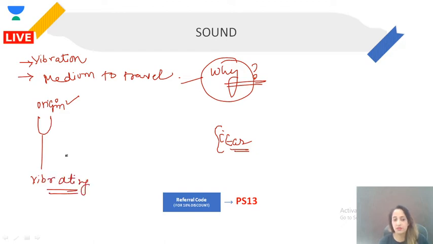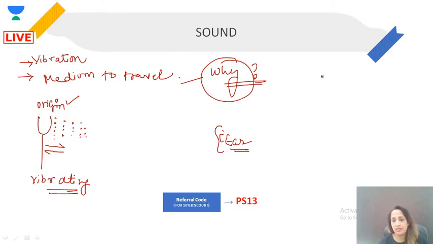It starts vibrating. Now as it vibrates, there are particles in the air, right? These particles present in the air, as this fork vibrates from this to this, is called vibration. What is vibration?